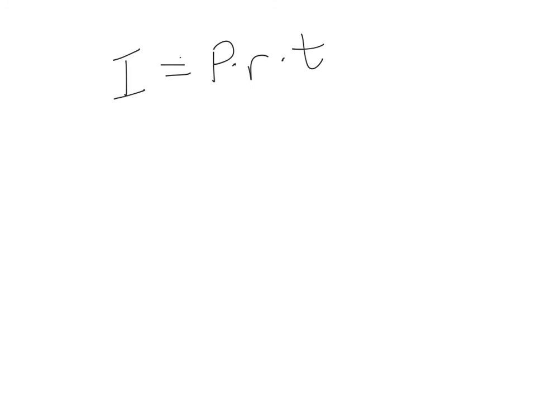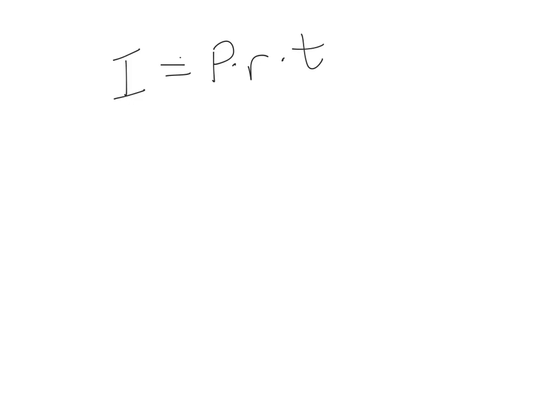Now, this is interesting and useful on a very limited scale because it's simple interest. And most things aren't done by simple interest. Most things are done by compounded interest, which we'll talk about later. But I just want you to be familiar with this so that if it comes up, you can recognize it. Interest is equal to principal times rate times time.